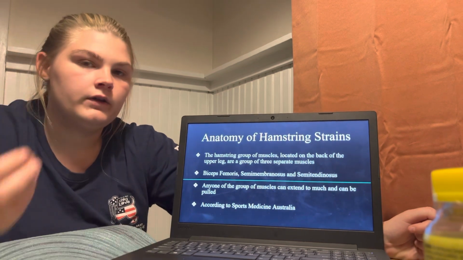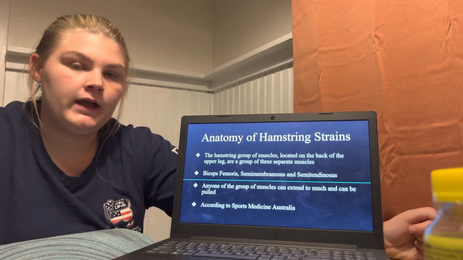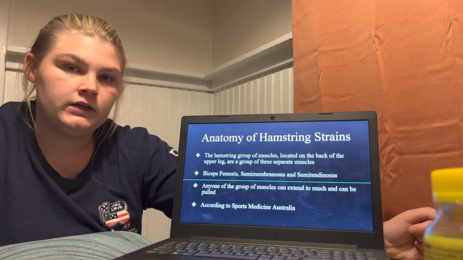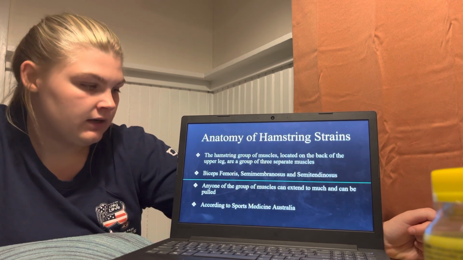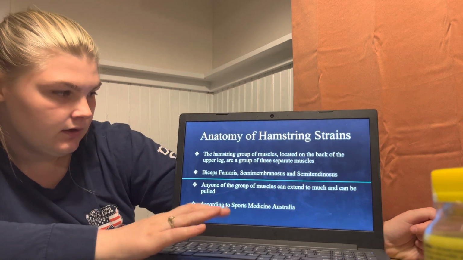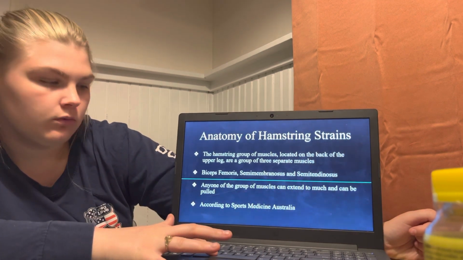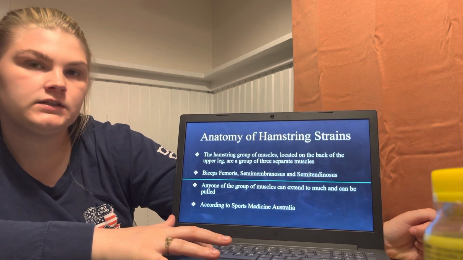Those are all of the hamstring group, and when one of them is pulled too much, it can have a strain within it. Just like it says here, it can extend too much and it can be pulled. This is according to Sports Medicine Australia.